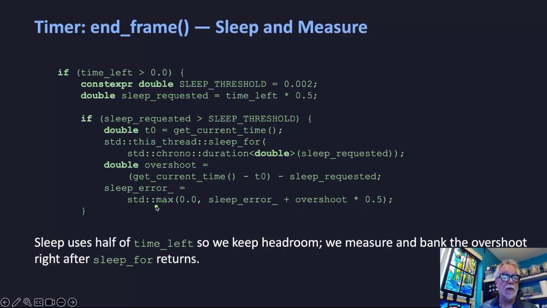So what we're going to do is make sure that our sleep error never gets below 0. But here what we're doing is we're adding half of the overshoot. And this will allow us to get close to the sleep error that our system is doing, right?